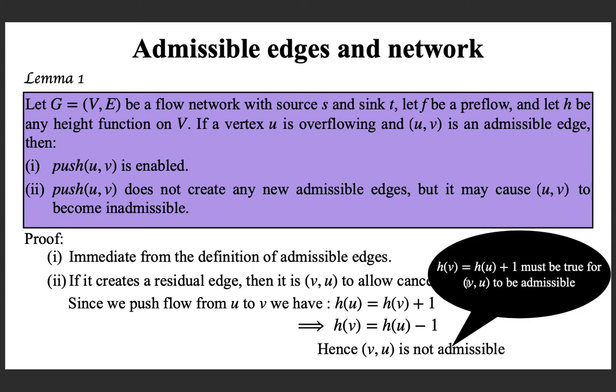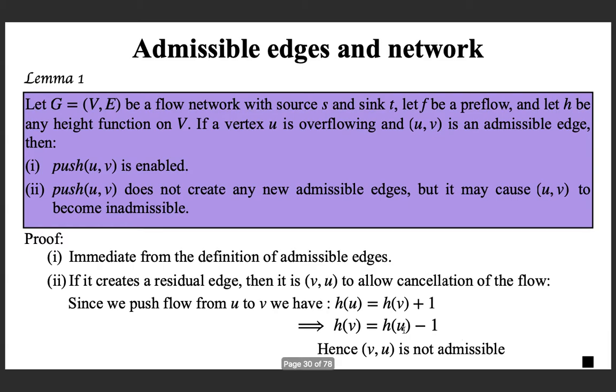If you want to push a flow from V to U, the height of V must be 1 more than the height of U. Then only the edge VU is said to be admissible. But here we got that it is the other way. Height of V is not 1 more than, it is actually 1 less than the height of U. So, even if you add the reverse edge, it is not going to be admissible.